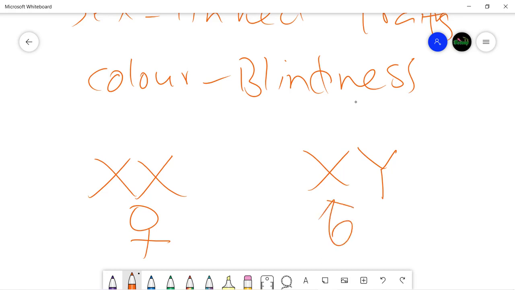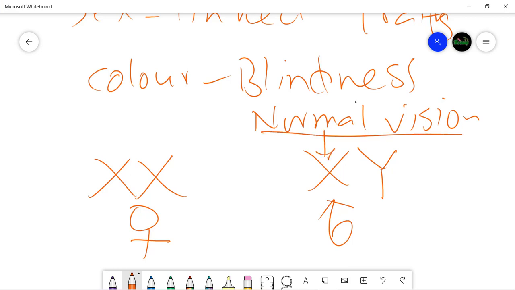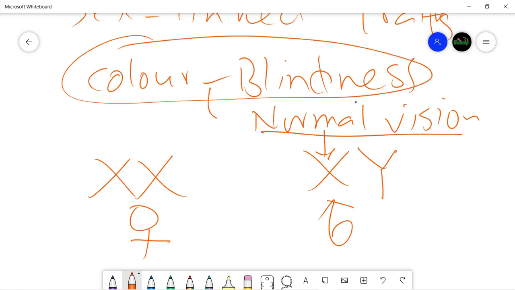And the allele for normal vision is located on the X chromosome and it is the dominant allele, whereas the allele for color blindness, which is the allele to this particular one, is also located on the X chromosome.